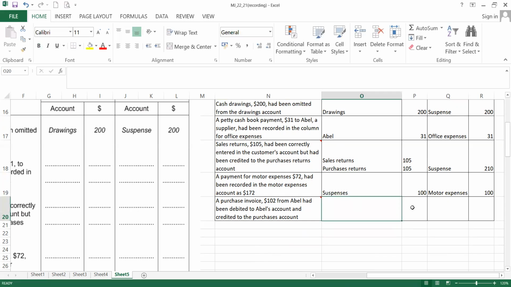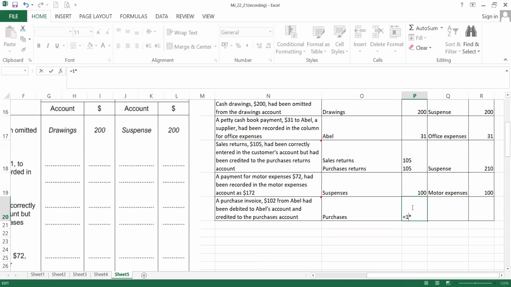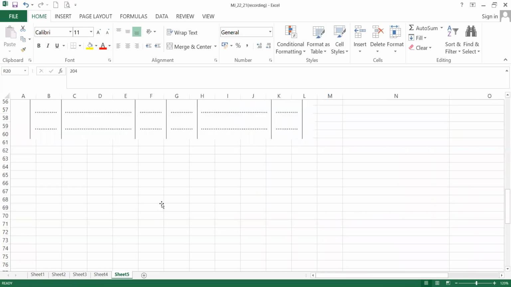So now we have to adjust back. We have to debit purchases, but this amount has to be doubled up. So 102 times 2. Two times, because one is to reverse the wrong entry, second to put back the correct entry. So this should be the amount we adjust. So now let's move on.